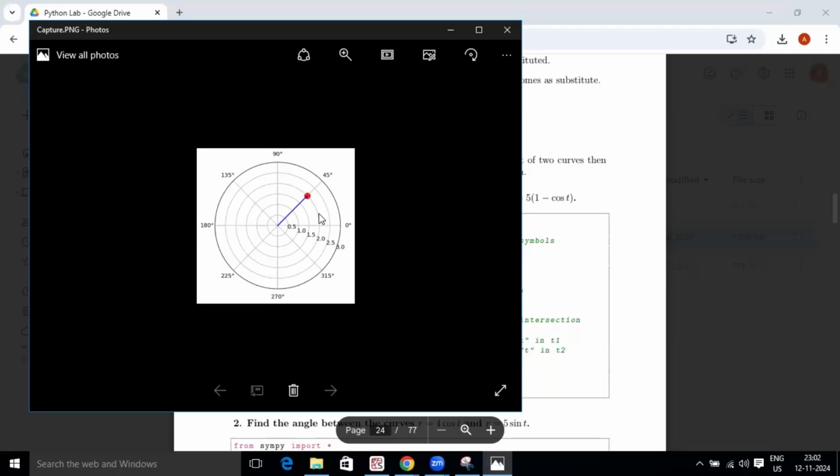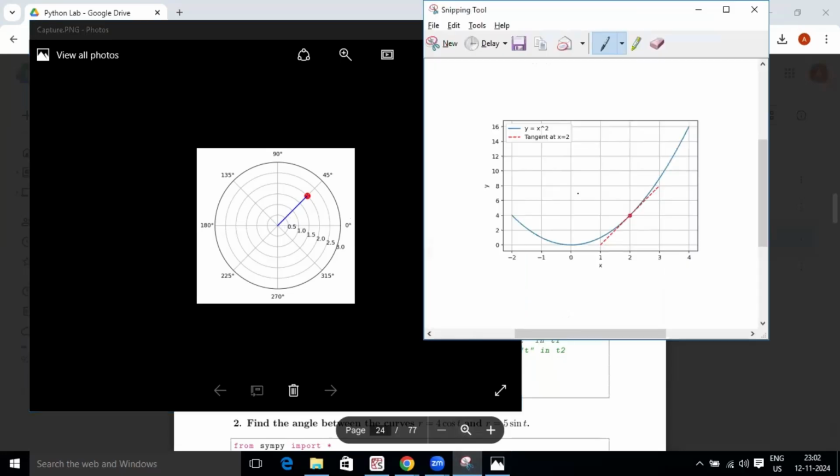In polar coordinates, a point is represented by its distance from the origin, that is radius r, and the angle theta it makes with the positive x-axis. And a tangent to a curve is represented like this.